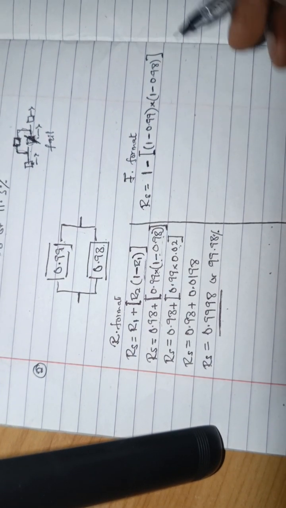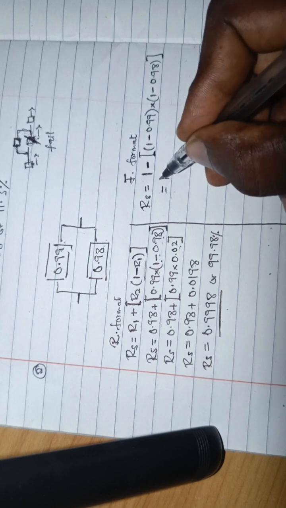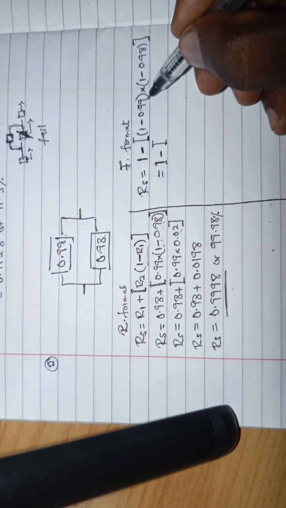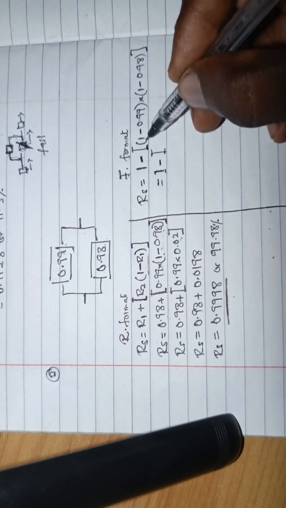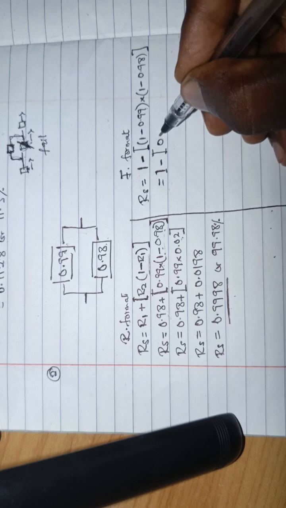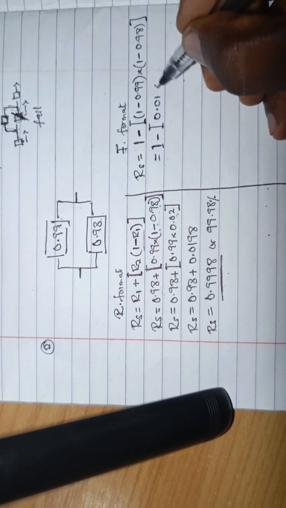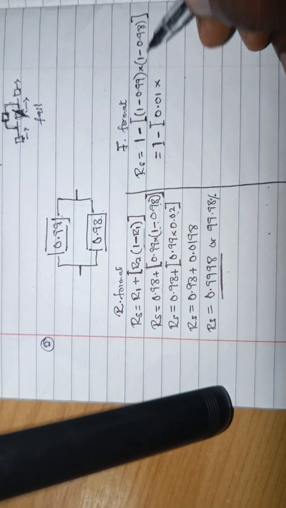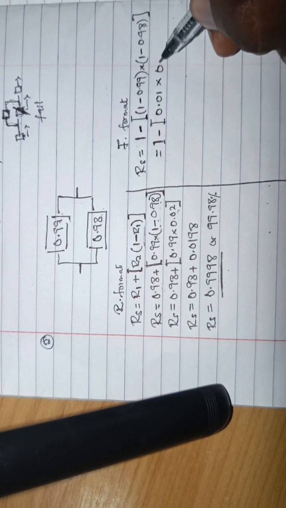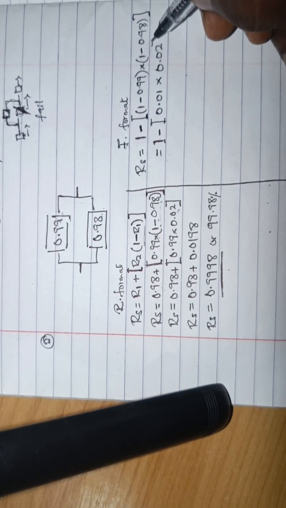So now we just have to work everything out. So we repeat our 1 minus, then bigger bracket. This 0.99 from 1 is going to give us what? 0.01, right? So we multiply that by this 0.98 less 1 will give us what? 0.02.